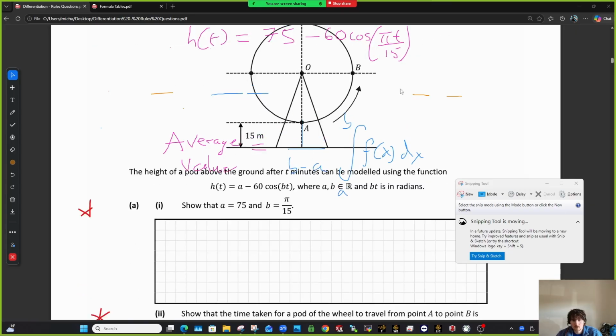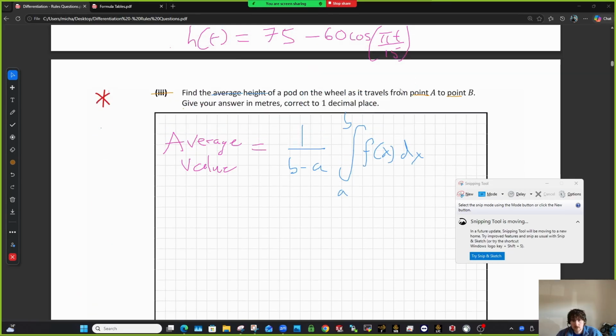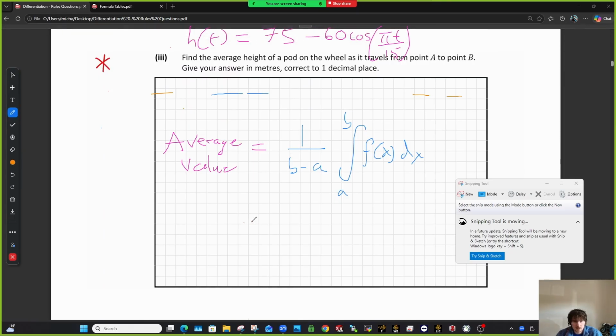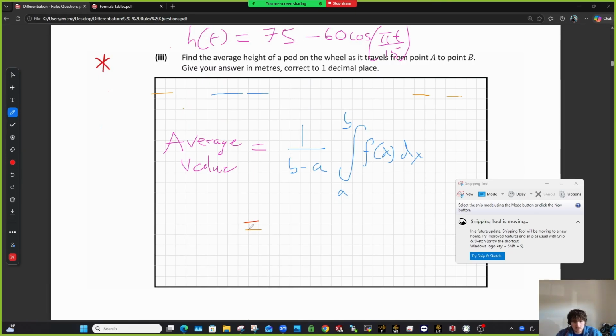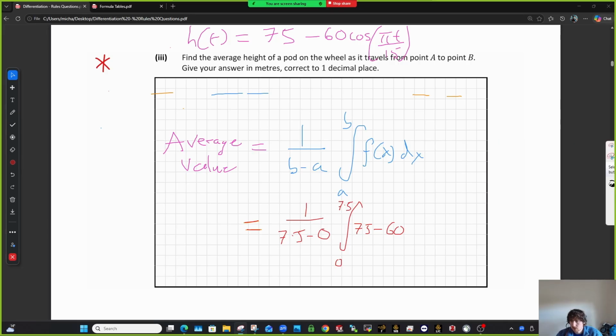So what we're really integrating here is 1 over the time it takes to get up to B, so 7.5, minus the time it was at A. Then we're integrating from t equals 0 to 7.5 of our function, 75 minus 60 cosine pi t over 15, all with respect to dt.